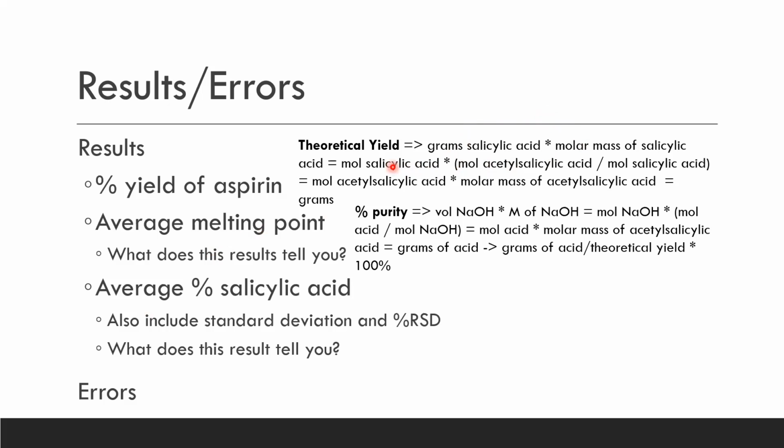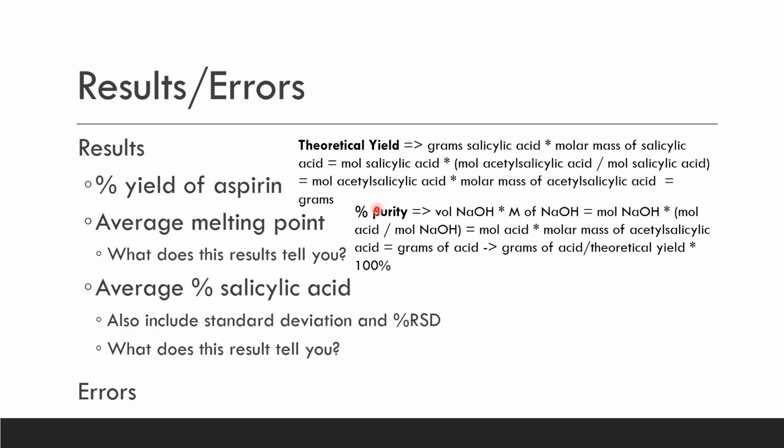Then you multiply that by the ratio of the moles of acetylsalicylic acid over the moles of salicylic acid, which is a 1-to-1 stoichiometric ratio. Then you multiply the moles of acetylsalicylic acid by the molar mass of acetylsalicylic acid to get the grams of acetylsalicylic acid, which is going to be your theoretical yield, okay?